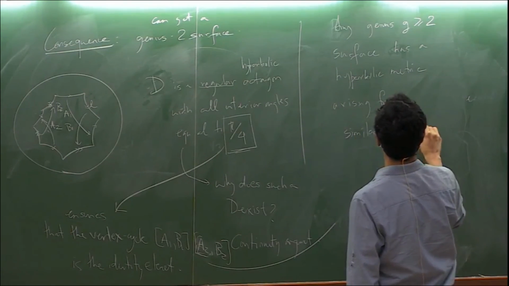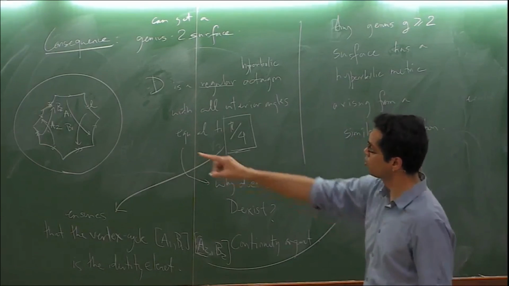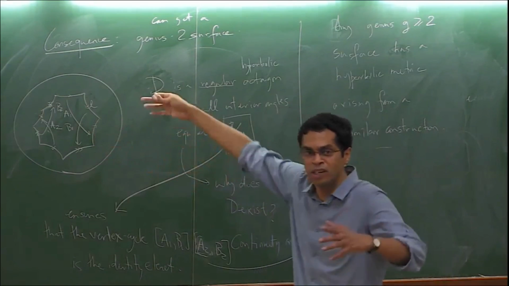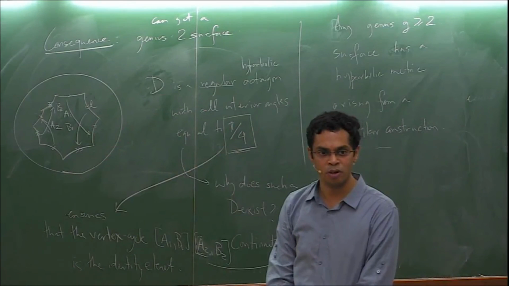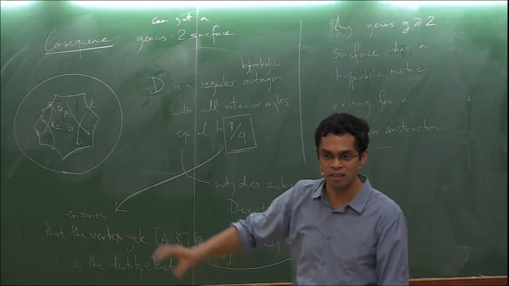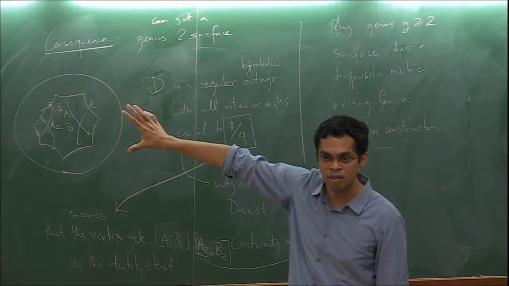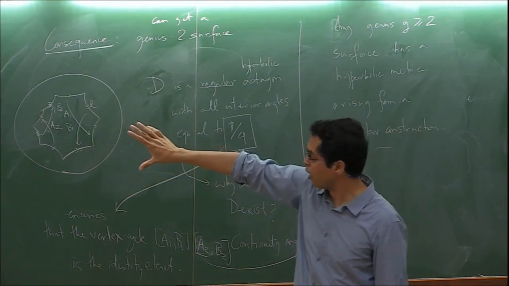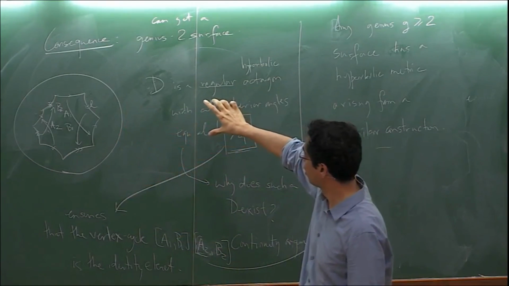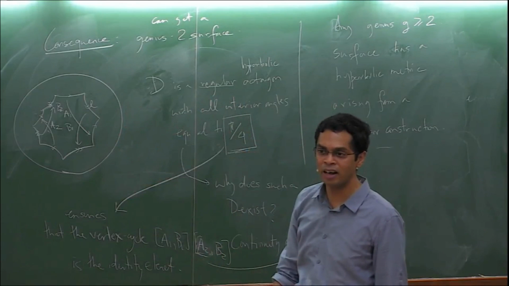So what polygon do you choose, by the way? Let's say you want to get a genus g surface. What is one possibility? You start with a 4g-gon. Do you take a regular one? What should the interior angle be then?